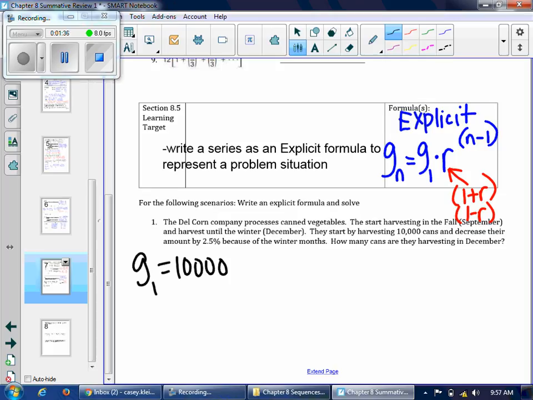The rate is going to be 1 minus 0.025 because we're decreasing. And the time, which is n, is the number of months. So from September to December, 4 months have gone by. Let's go ahead and set up the explicit formula and find the number of cans.